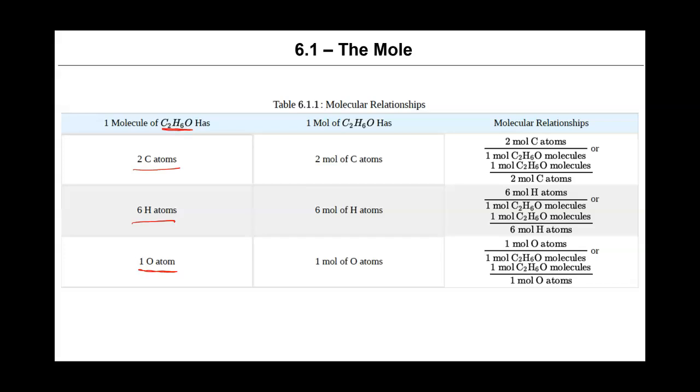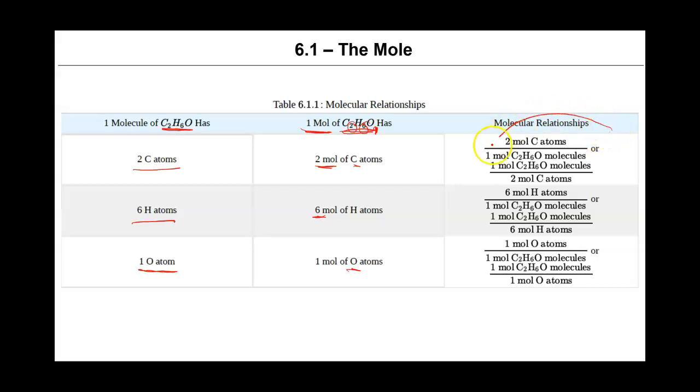What we can now say is that if we have 1 mole of this compound, then we would have 2 moles of carbon atoms, 6 moles of hydrogen atoms, and 1 mole, because there's a 1 there that we don't write, of oxygen atoms.